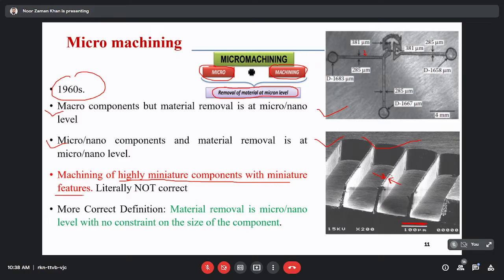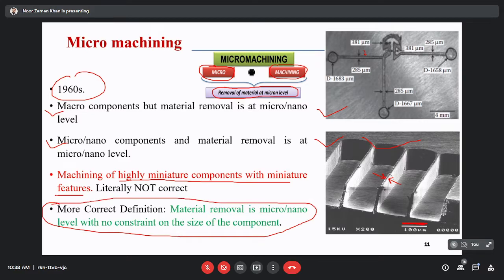So what is correct? Which one is correct? The more correct definition is that the material removal is at micro or nano level, with no constraint on the size of the component. This is the most appropriate definition for micro machining.